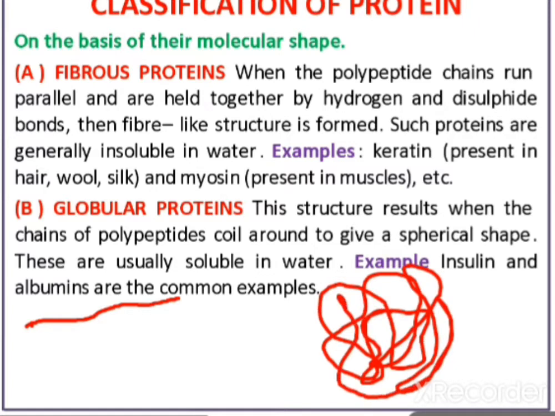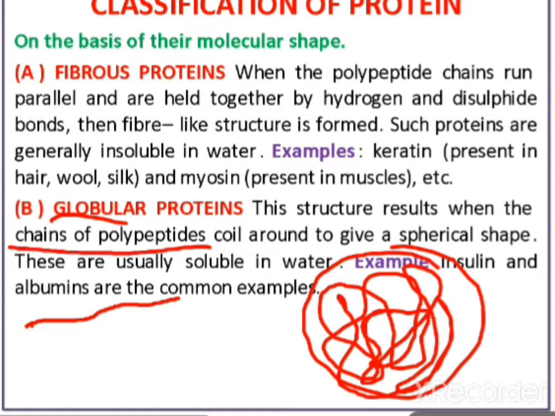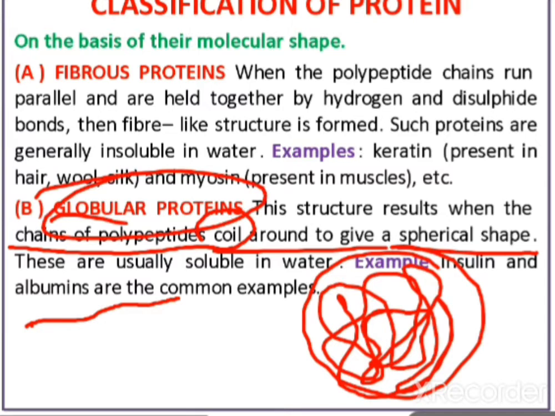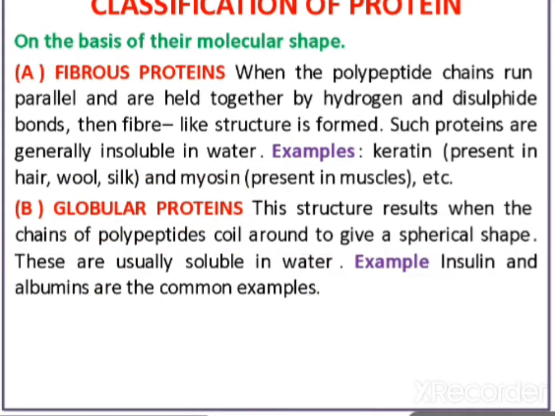So this is a spherical structure. This is definitely a protein, but the structure is like a globule, like a sphere. So when the polypeptide chains are coiled around to give a spherical shape, these are known as globular protein, and the examples are insulin and albumin. Got it?